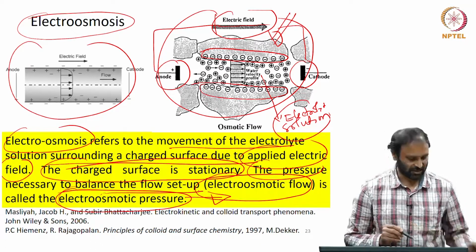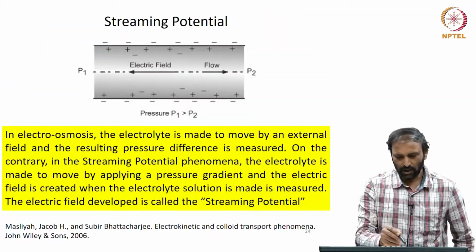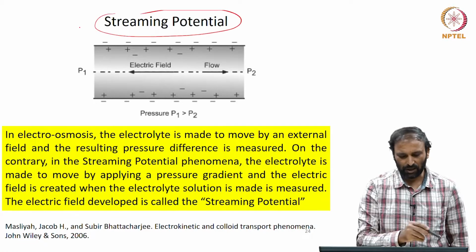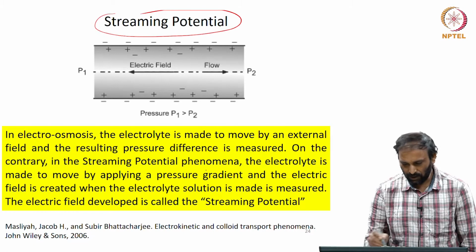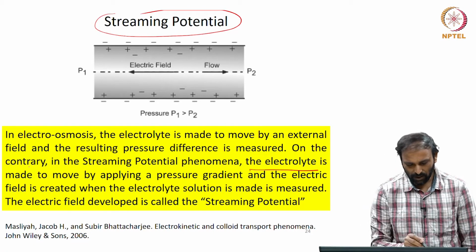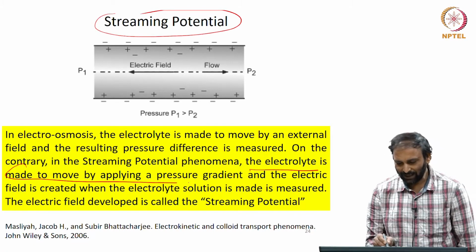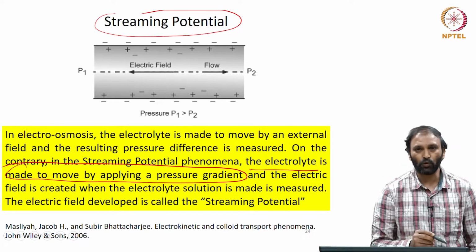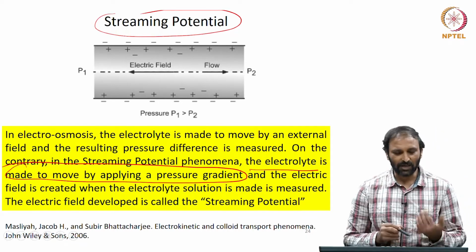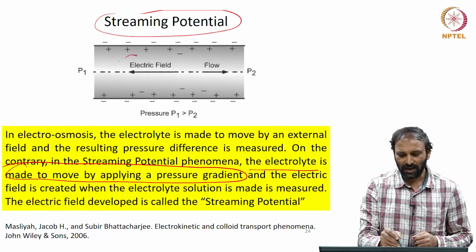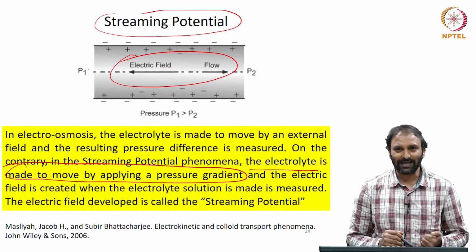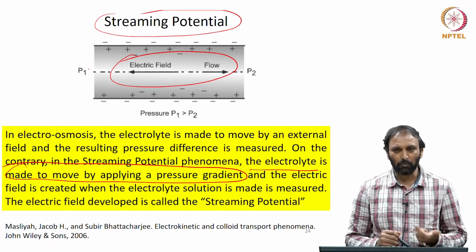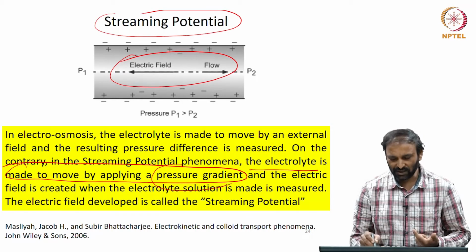On the contrary, in what is called streaming potential, the electrolyte is made to move by applying a pressure gradient. We know that whenever you have a charged surface, and there is electrolyte between two charged surfaces, I can set up a fluid motion by applying a pressure gradient.